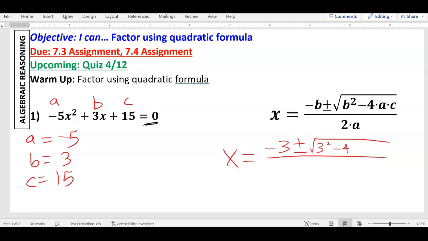So -5, 15 in parentheses, all over 2a, and a is -5. So 2 times -5. Cool.